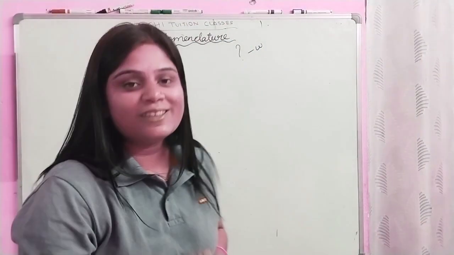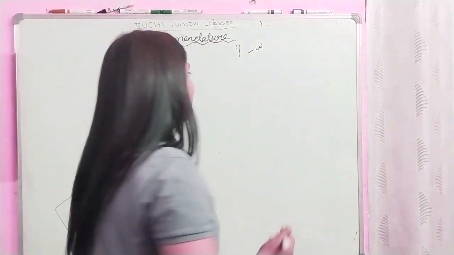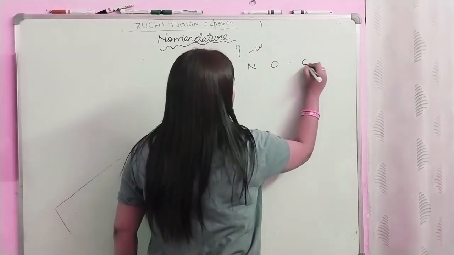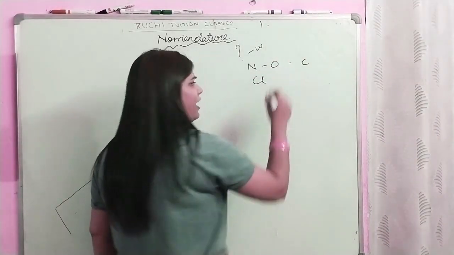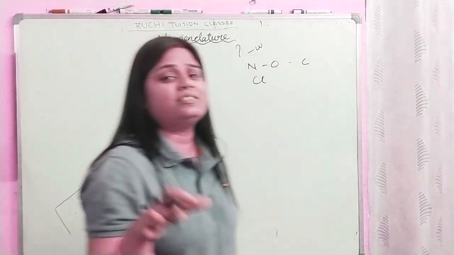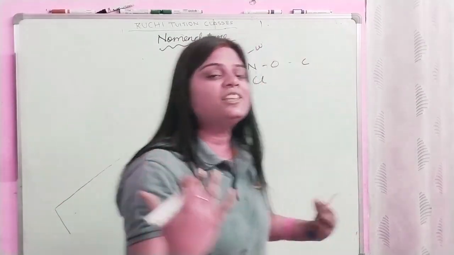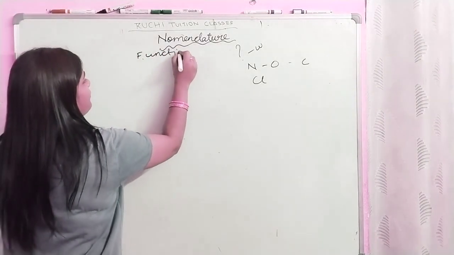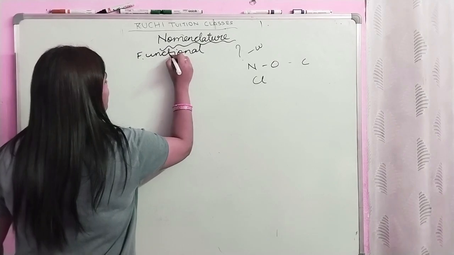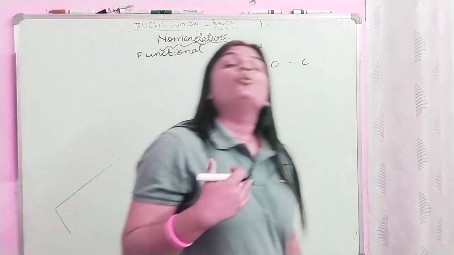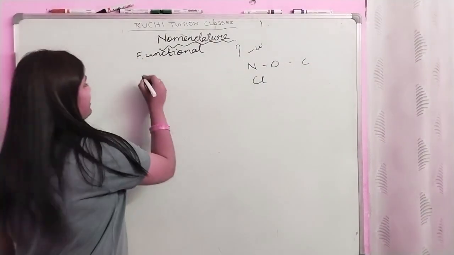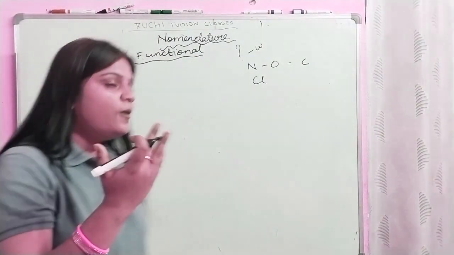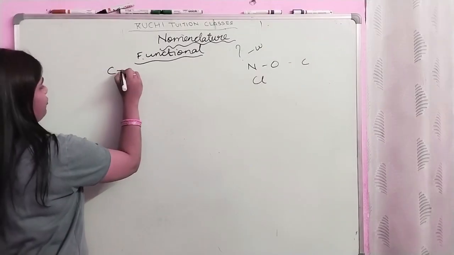Carbon has the tendency to combine with other elements like nitrogen, oxygen, carbon, chlorine, and many more, and has the tendency to form chain structures. So many functional groups combine with carbon to form a new group. For example, first is the halogen group.